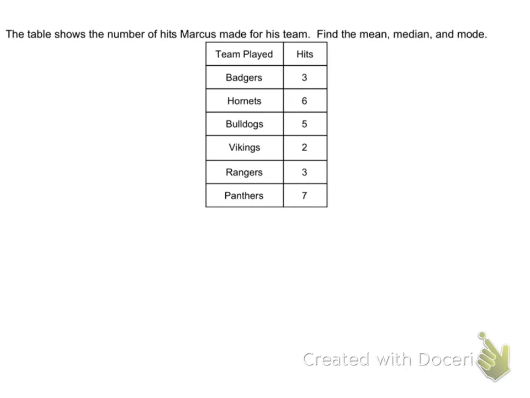Now, how do I find the mean, people? If I added all of our numbers up, what do we end up getting? 26. So obviously, we add them all up, and then we take 26 and divide by how many numbers? And so that would be my average.